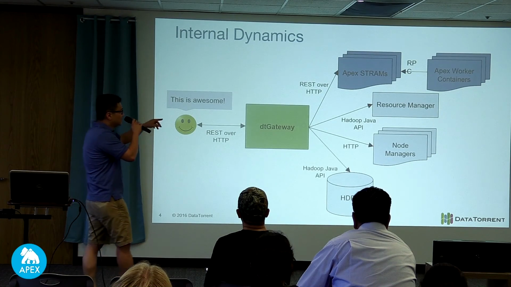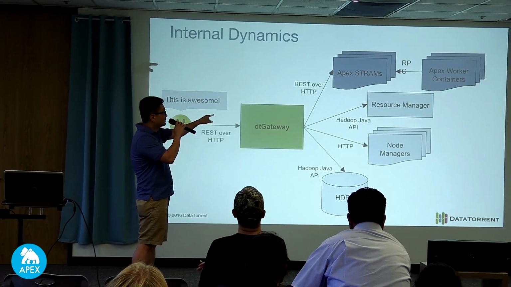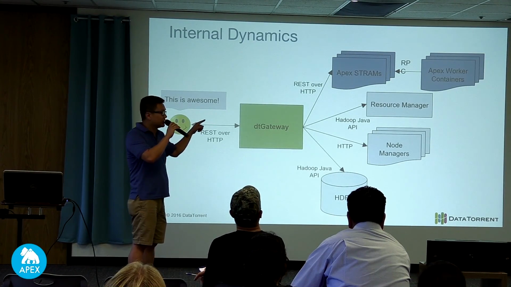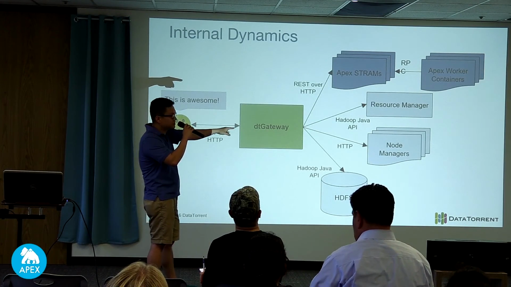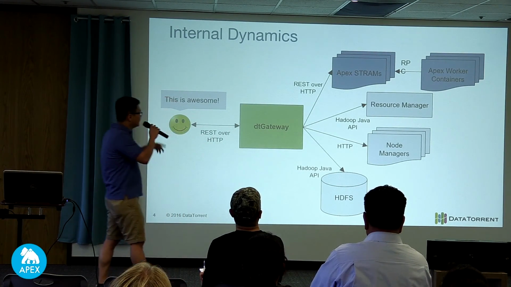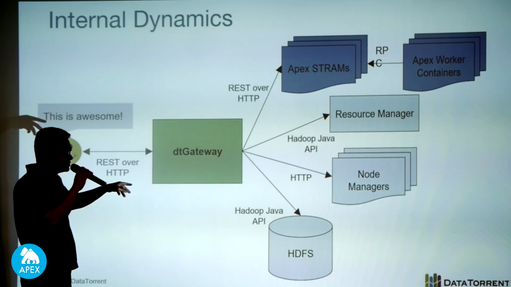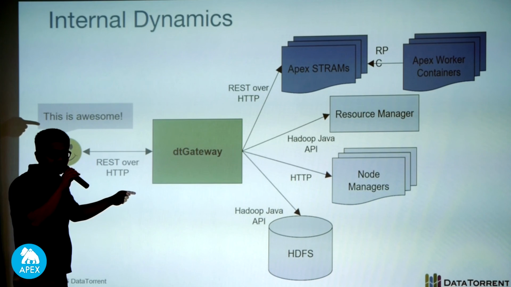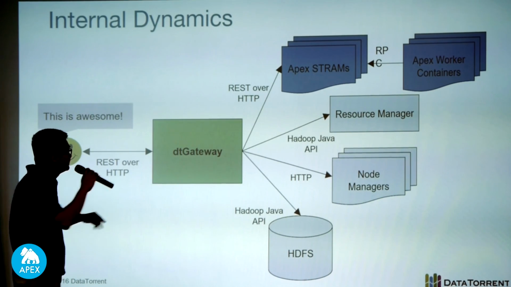So dtGateway queries the resource manager using the Hadoop Java API. It also queries the node manager using plain HTTP for the container logs. It also stores and reads information to and from HDFS for application package information and running application information.